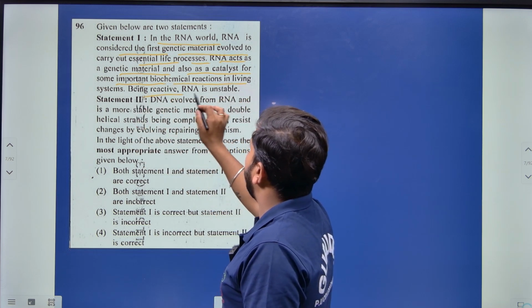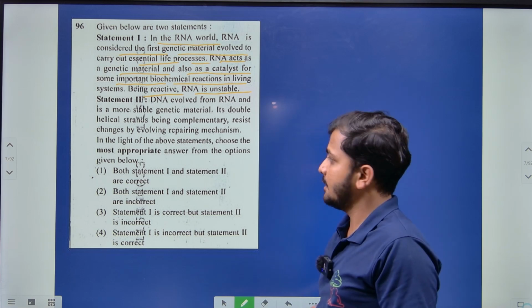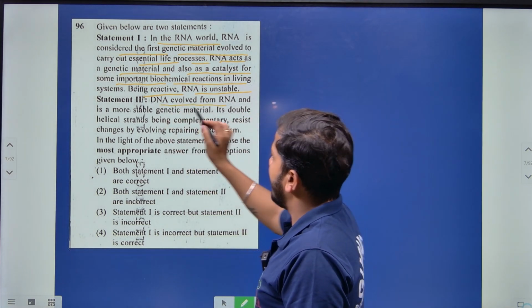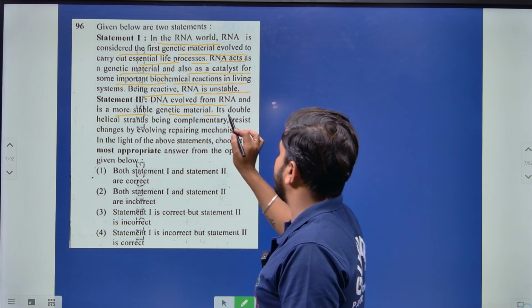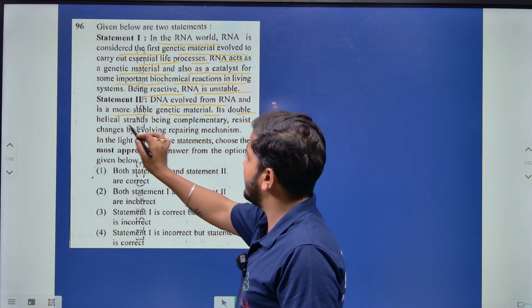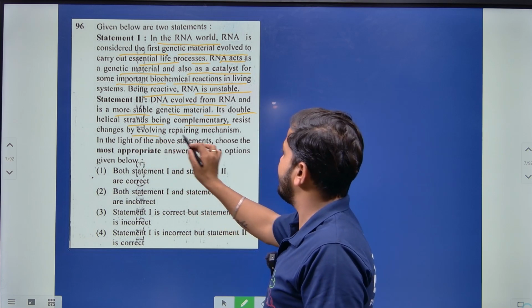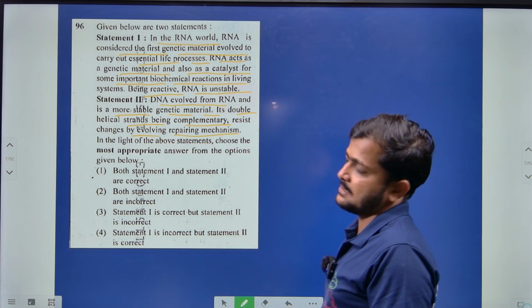Being reactive, RNA is unstable. Then they are saying DNA evolved from RNA and is more stable genetic material. Its double helical strand being complementary resists change by evolving repairing mechanisms.